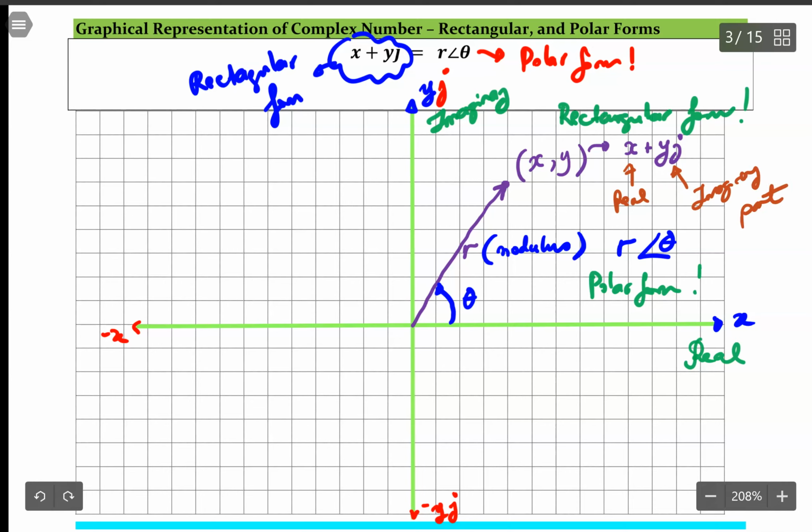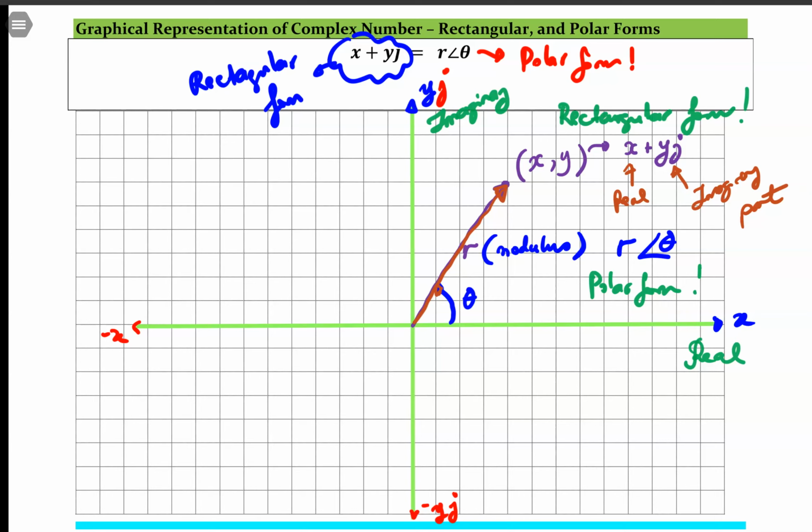Okay. For a complex number in polar form, what you have is r, which is the magnitude of this vector, the magnitude of this vector from the origin to this point. So r is called the modulus, and theta is the argument, which is the angle in standard position, going counterclockwise starting from the positive x-axis.